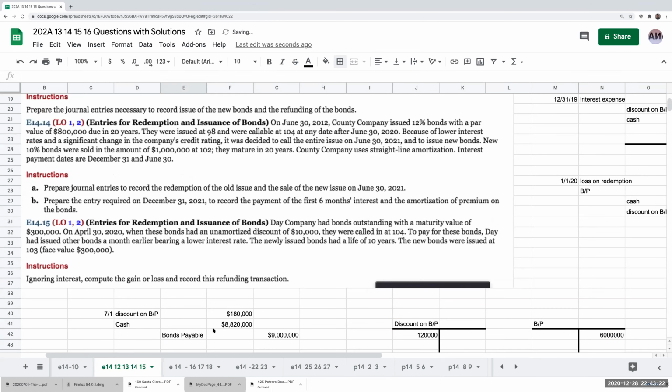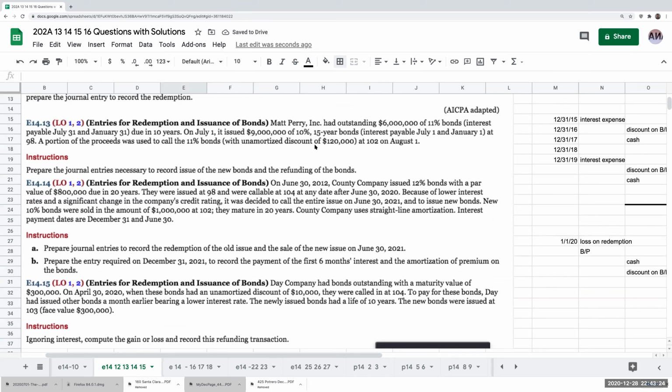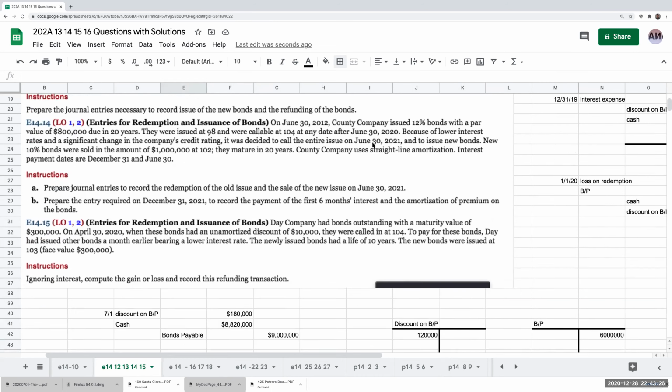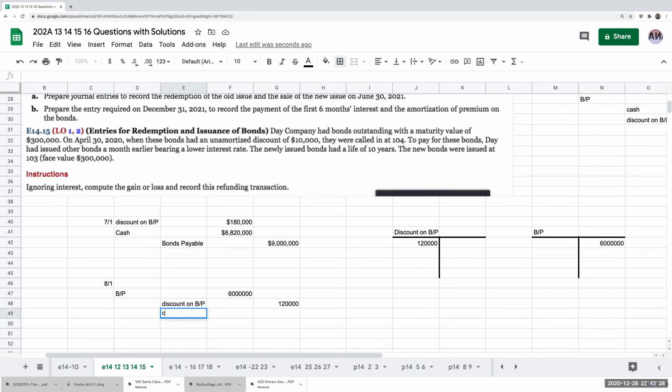The amount of cash that I'm spending to redeem the bonds is at 102. So the amount I'm spending is going to be 6 million times 102%, or $6,120,000. And so the loss on redemption of bonds payable is going to be $240,000.